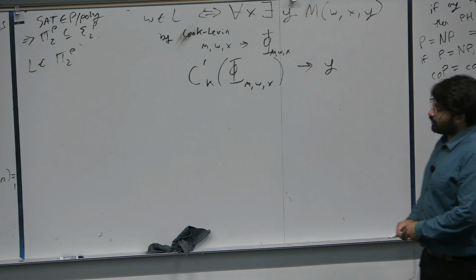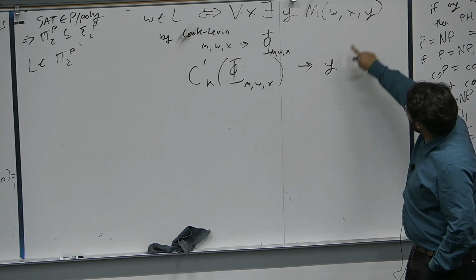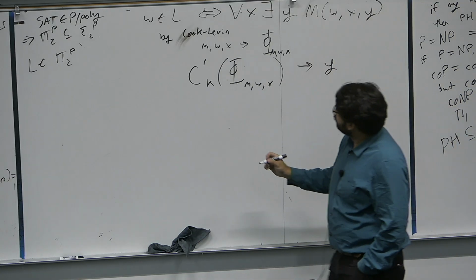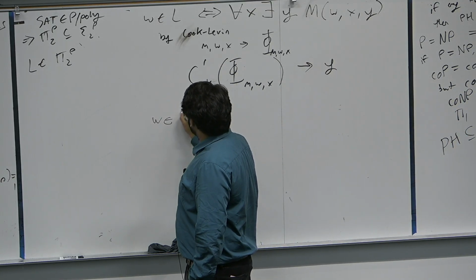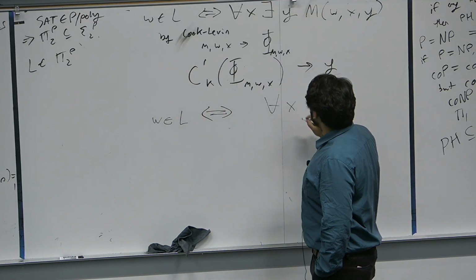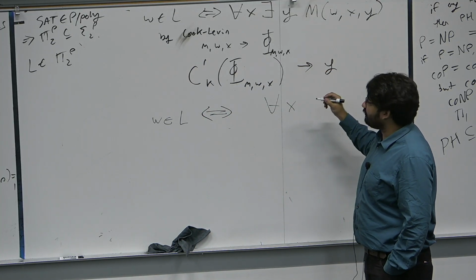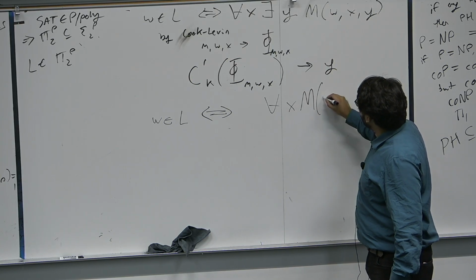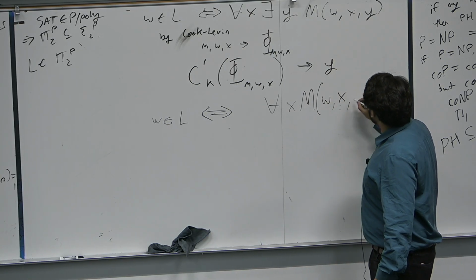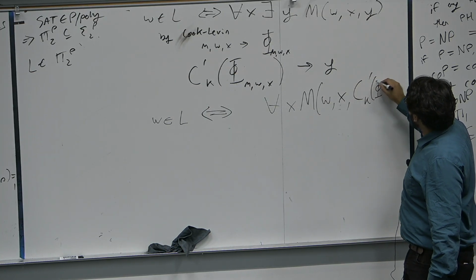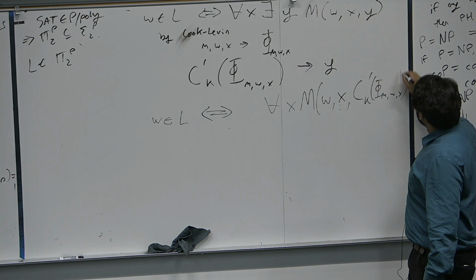Next, we can do a thing called self-reducibility, which is instead of quantifying over Y, we just compute Y. For all x, we don't need Y anymore, because we can find Y using the circuit. For all x, M on W, X, C_k prime of phi of M comma W comma X. Okay?